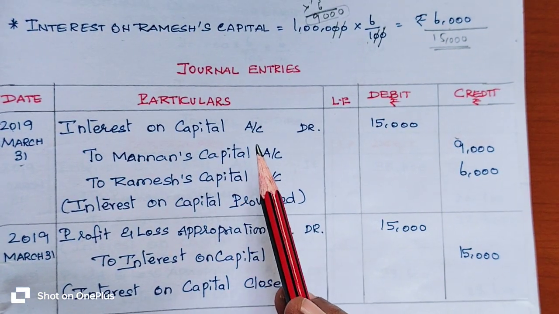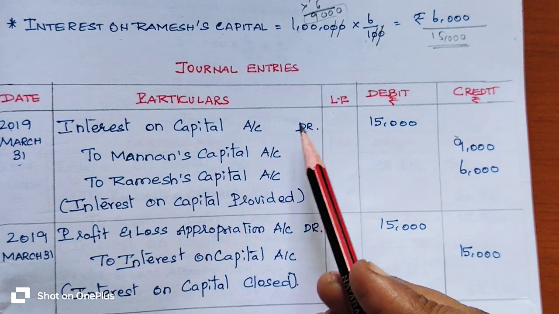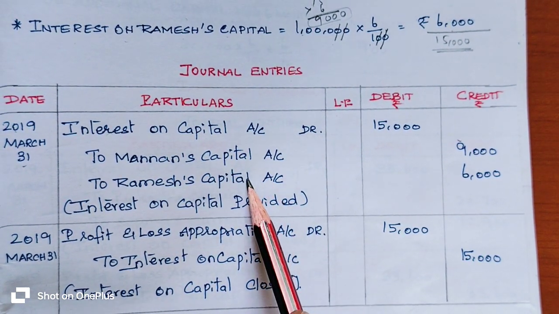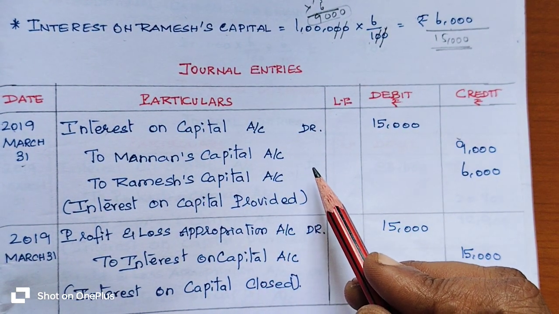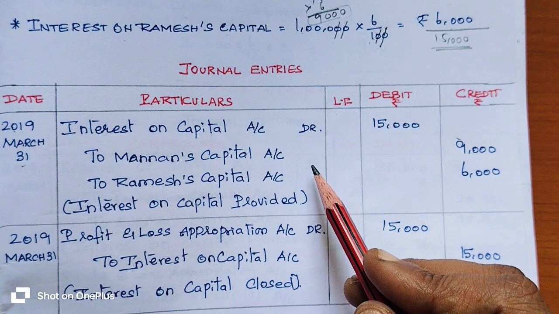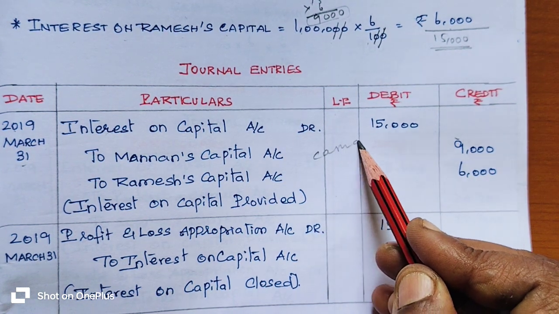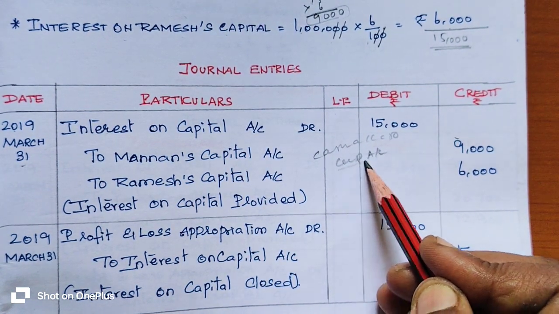What is the format of the journal entry for interest on capital? Interest on capital account debit to respective partners' capital accounts. I already explained this. When you contribute capital to your business, what's the journal entry for capital? Cash account debit to capital account. Right? So where is the capital account?